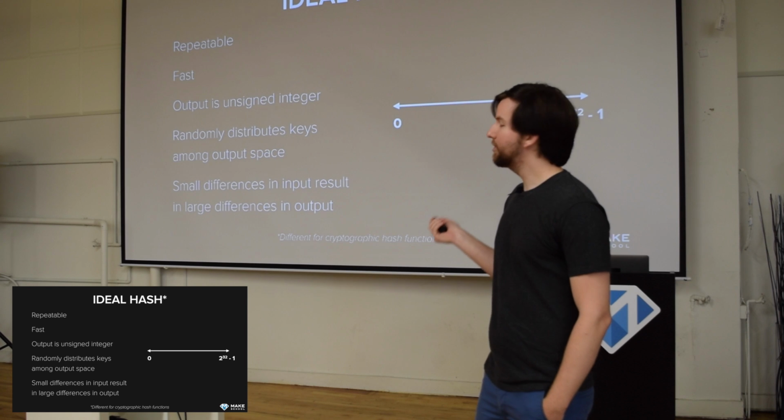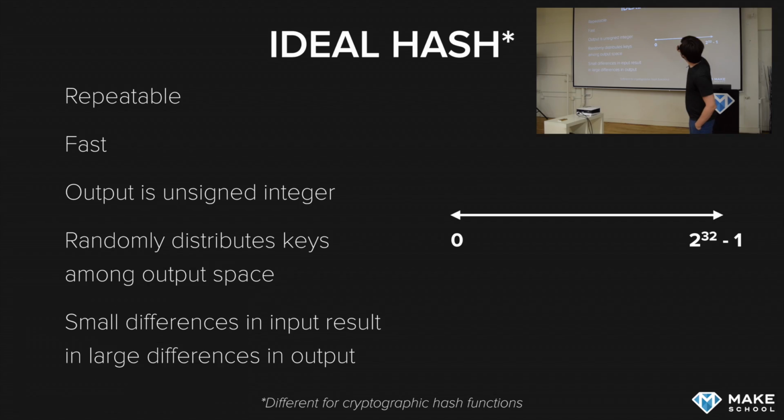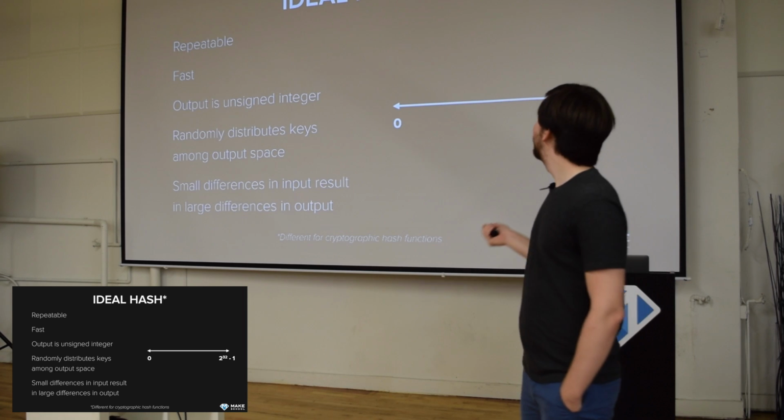So hash functions are used everywhere. Oh, and by the way, there's this little asterisk up here. This says at the bottom that this is different for cryptographic hash functions. So these are the requirements for an ideal hash for like a hash table. For cryptographic hashes, you have a totally separate set of requirements, things like security, and the hash should not be reverse engineerable, all these other things.